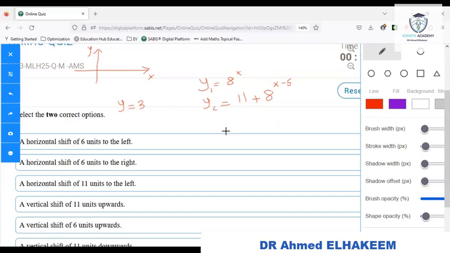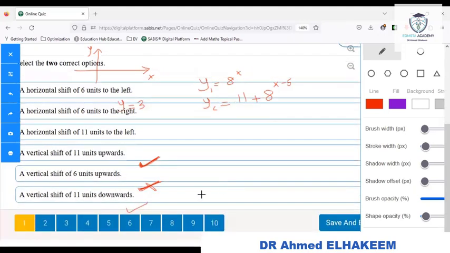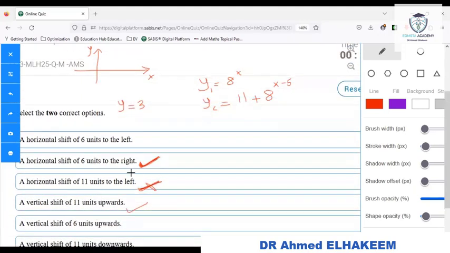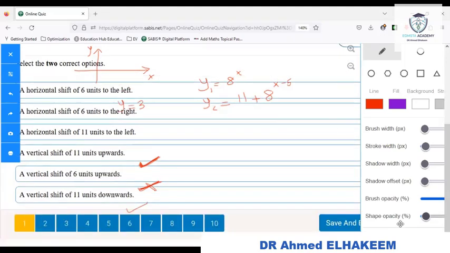So there is a vertical shift by 11 units, not to the left, that's wrong, but upwards, right? And there is a 6-unit shift to the right or left? To the right. So this is the answer. I will mark this one and this one.